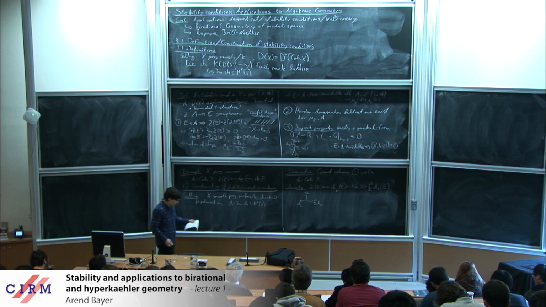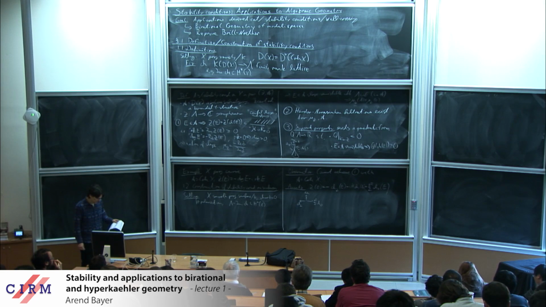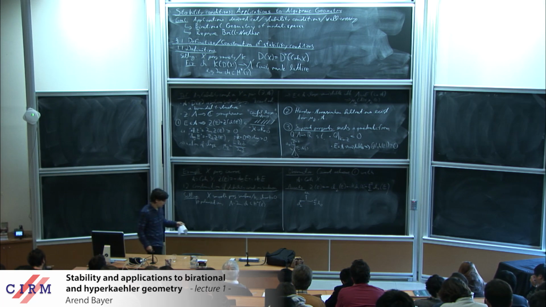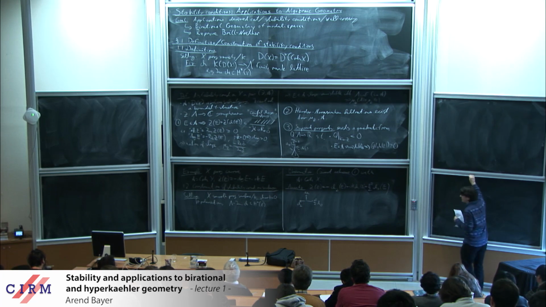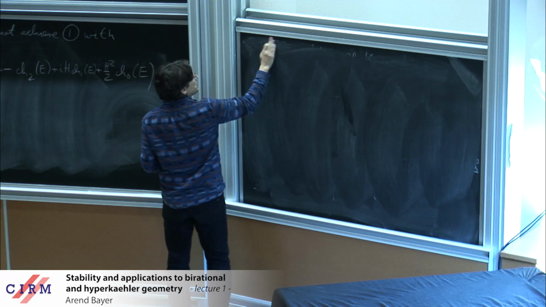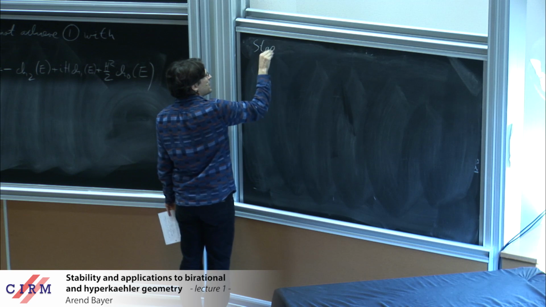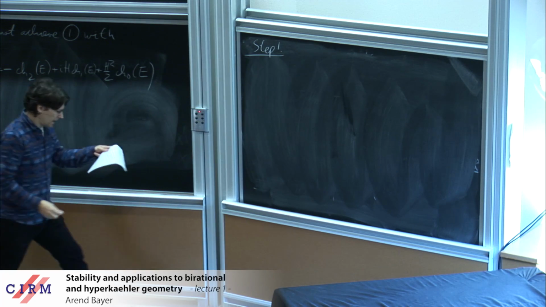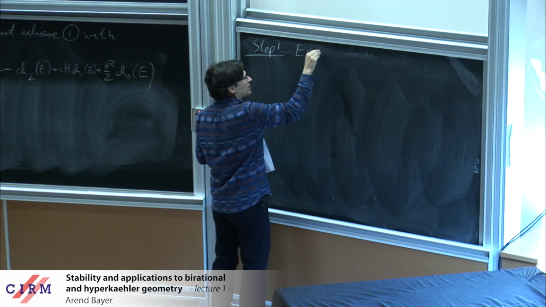And now I'll try to construct an abelian category matching this central charge. I mean, this will be done in 3 steps. And so for this first step, I'll just use slope stability for coherent sheaves.